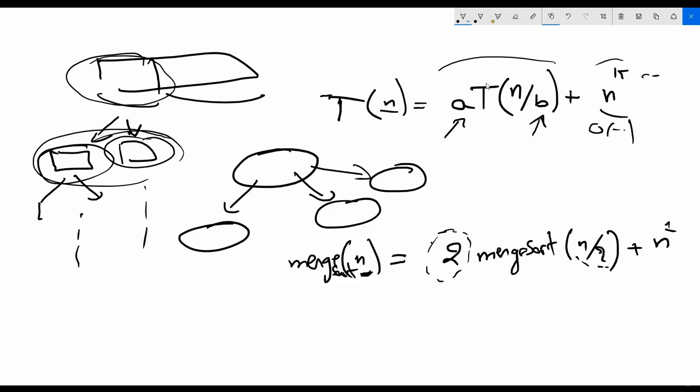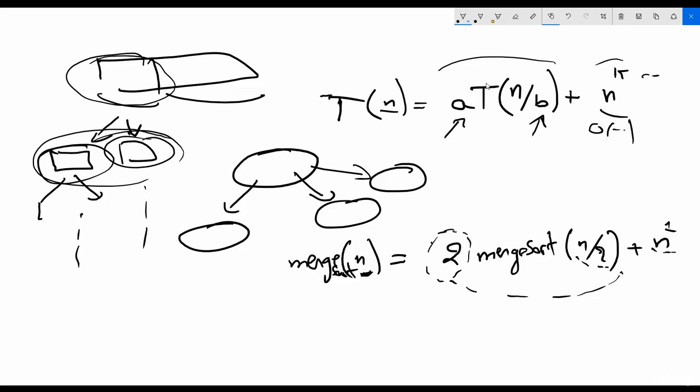Okay? And after that successive division, it will combine the result. In our example, it'll merge the two arrays with an algorithm that has order n. Okay? It has order n.